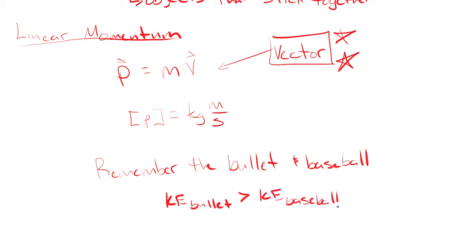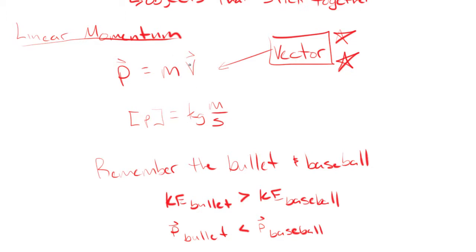But if you do the same calculation using the same types of values, you would find that the momentum of the bullet is actually less than the momentum of the baseball. Why do you suppose that is mathematically? Yeah, I mean, so the difference is in the speed or the velocity.